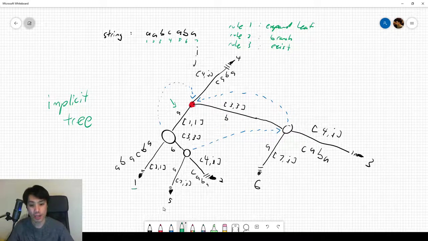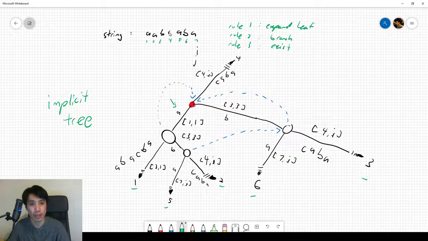The numbers which I add over here, your 1, 2, 3, 4, 5, and 6, are actually your suffix IDs, right? My first suffix will be A, B, C, A, B, C, A, B, A, right?